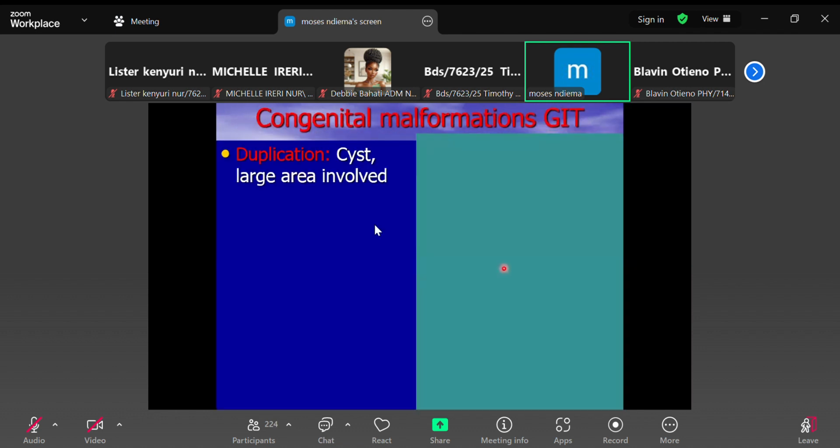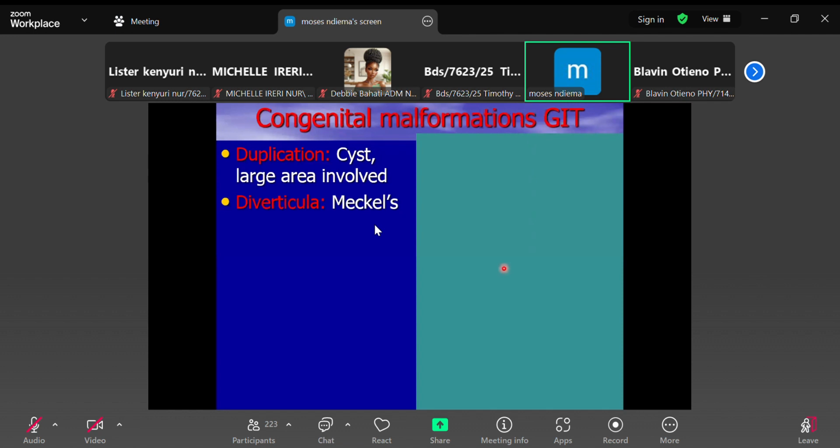We have duplication cysts, which will be very large areas usually, that can be formed whereby we have an outpocketing of some parts of the GIT, and those outpocketings might contain some fluid. That's a cyst. Then we have the diverticula.